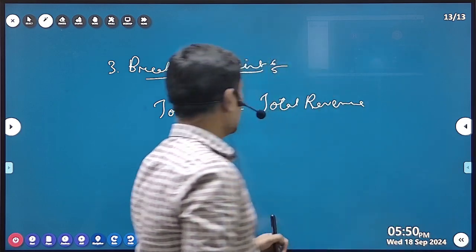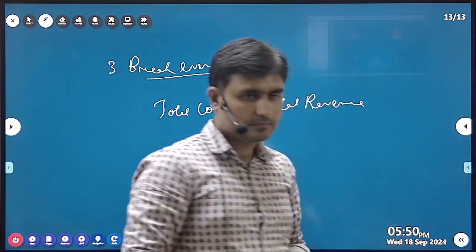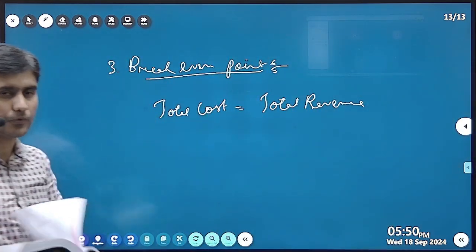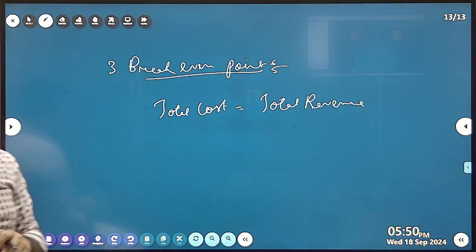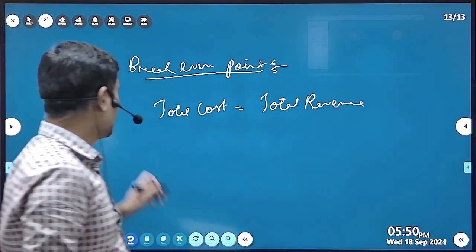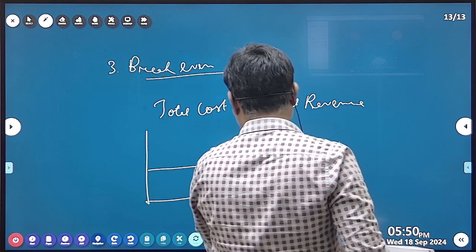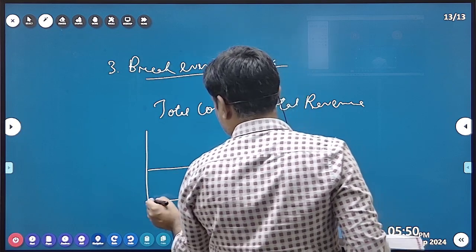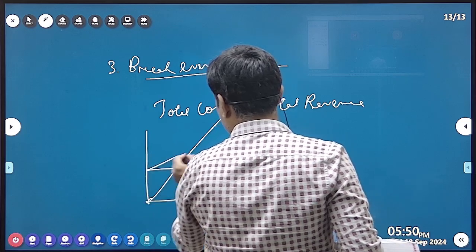We have learned the formulas in point number 3, I think. Formula 3 or 4. In the book there is a chart. We have also gone through this chart where this is fixed cost, this is sales, and this is your total cost.